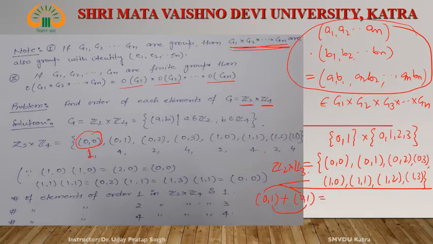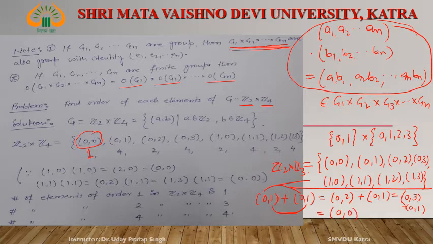0 plus 0 is equal to 0 and 1 plus 1 is equal to 2. Now add (0,1) again. Then in the first component 0 plus 0 is 0, and 2 plus 1 is 3. Again add (0,1), and this is equal to 0 plus 0 is 0. What is 3 plus 1? 3 plus 1 is 4, and 4 modulo 4 is 0.